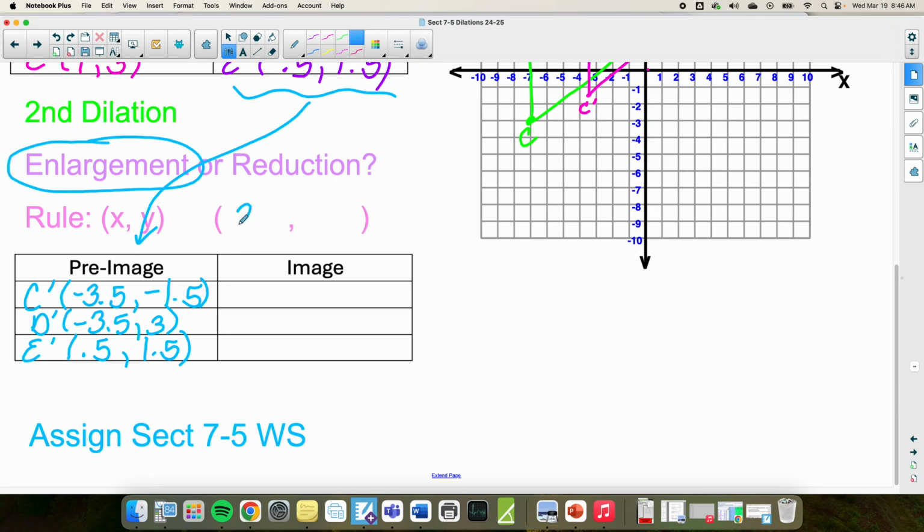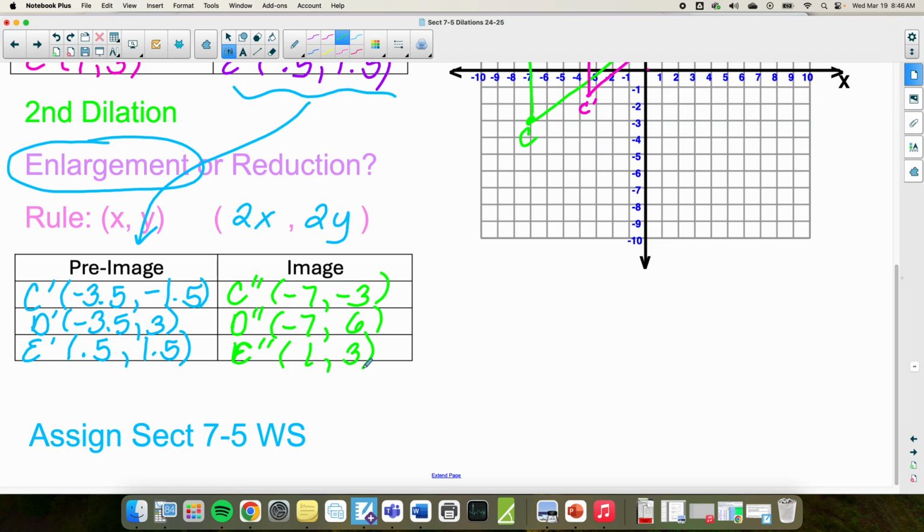My rule would be 2x, 2y. So now I'm just going to take all these coordinates and multiply everything by 2. So I get -7, -3. D double prime is -7, 6. And E double prime is 1, 3.